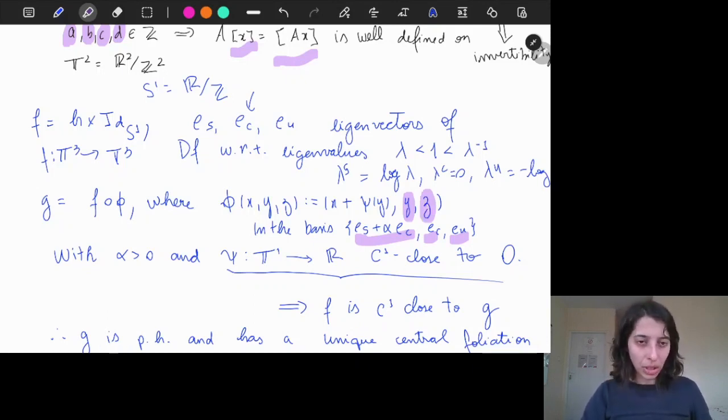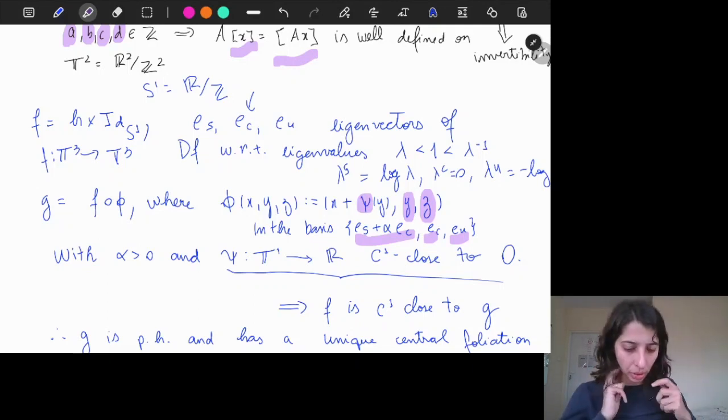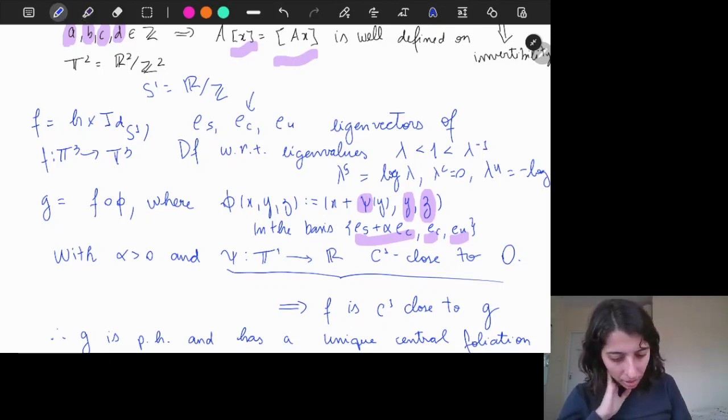On the third coordinate, that is regarding the stable direction, we don't do anything. And on the first coordinate, that is a combination of the center and the stable direction, we add something here, this psi, that depends on the center direction. So originally we had these 3 directions.